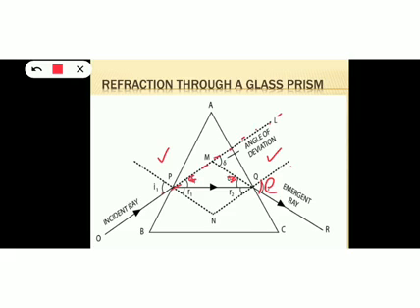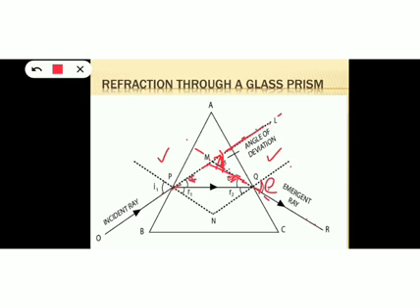And this is the emergent ray, and extend it backwards like this. So here you can see one angle, formed between the incident ray and the emergent ray, and this is the angle of deviation. This angle gives us the measure of how much the emergent ray has deviated from the incident ray position.